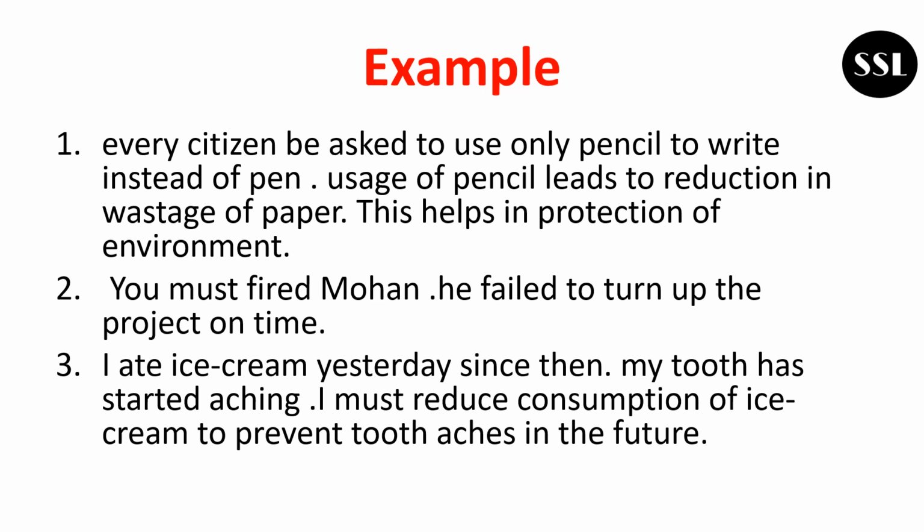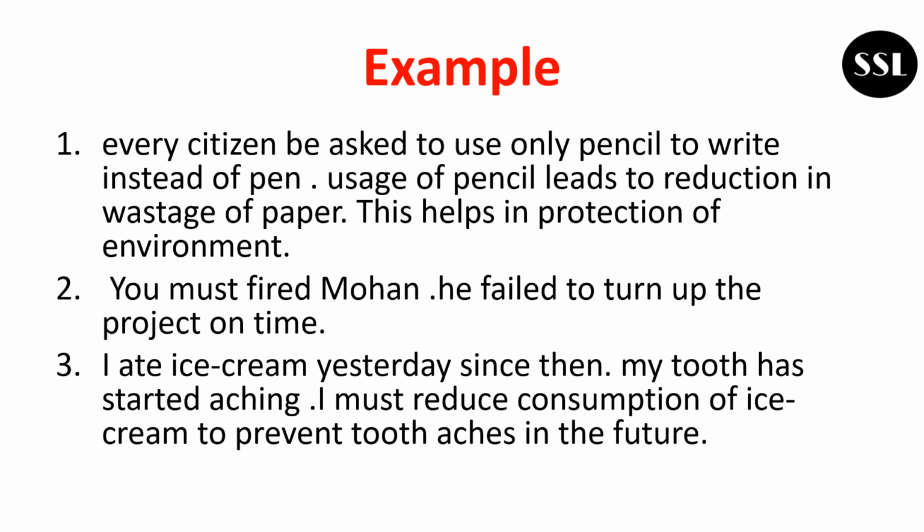Every citizen be asked to use pencil, that means usage of pencil leads to reduction of the wastage of paper. Here, reduction in the wastage of paper is our evidence or the premise for the conclusion, protection of environment. Assumptions may be afforestation, tree cutting, climate change.